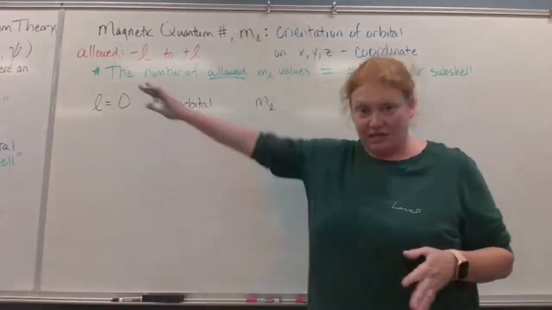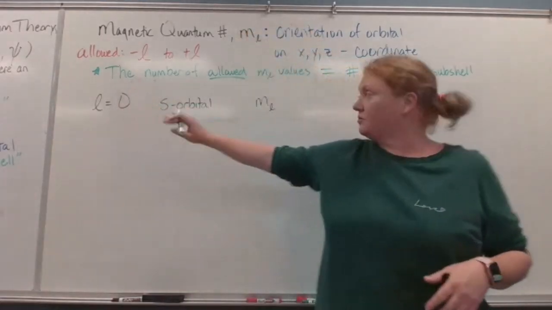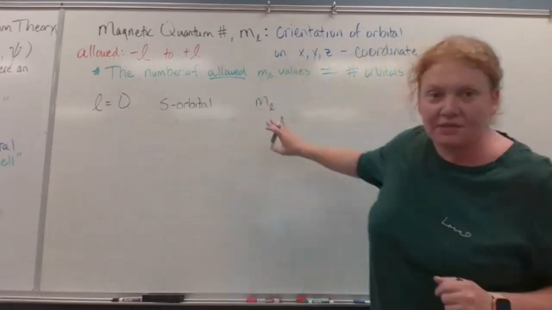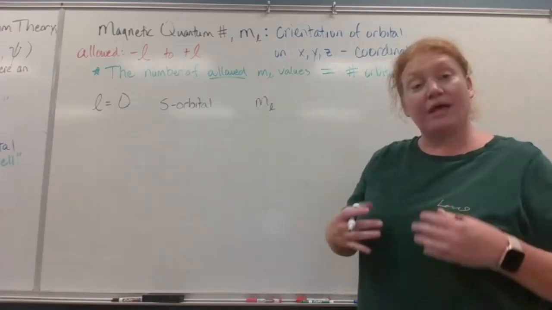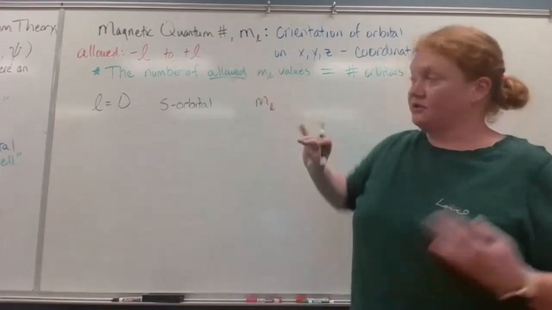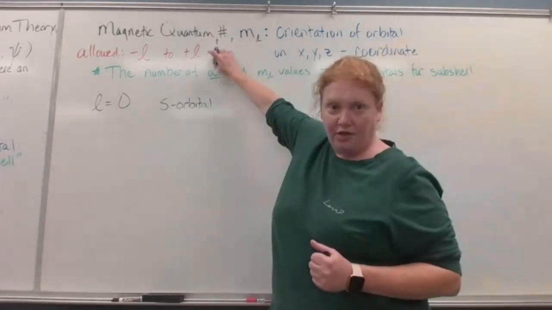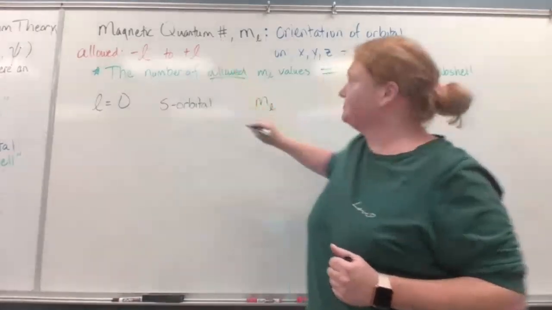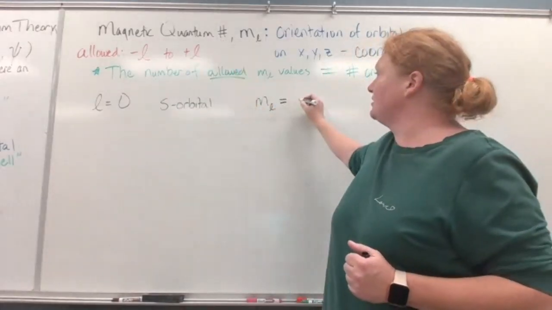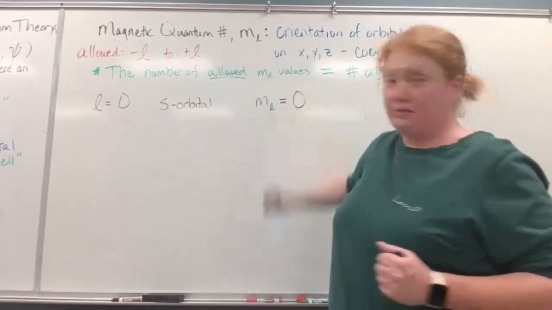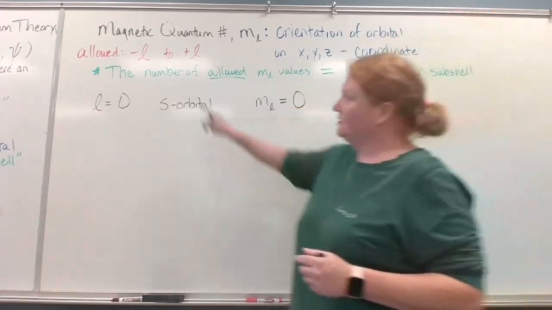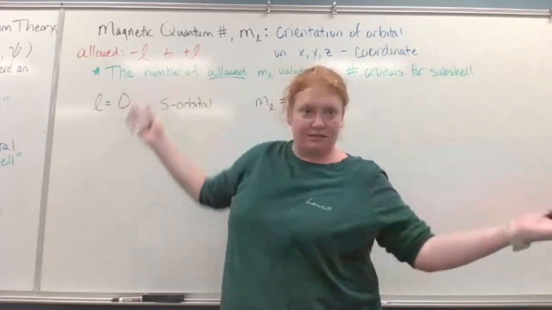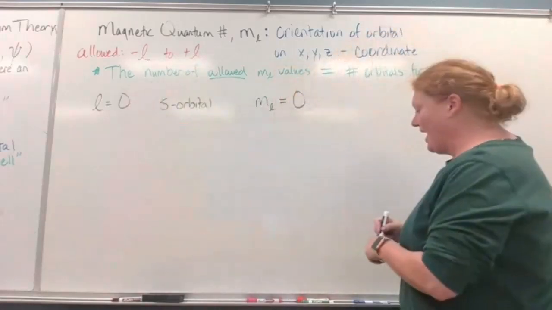We have an n value, that's some number. We have an L value equals 0. What m sub L value is the only numeric value that is allowed mathematically, solving the Schrodinger equation, following this rule? The only number allowed is 0. From negative L up to positive L, that's a 0.